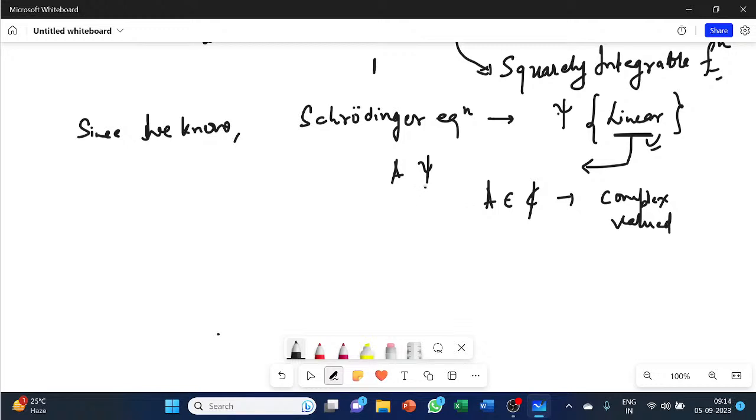You can find this a, since we know that our wave function is squarely integrable and the probability of finding the particle somewhere in space is definite, that is unity. From that information I can extract this a, which is at times referred to as the normalization constant.